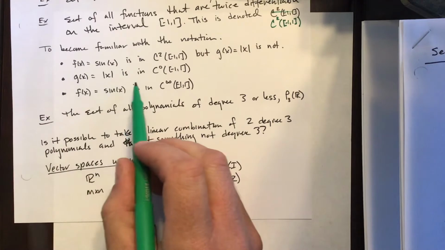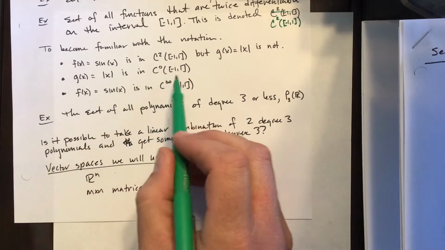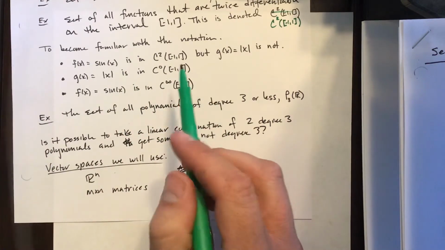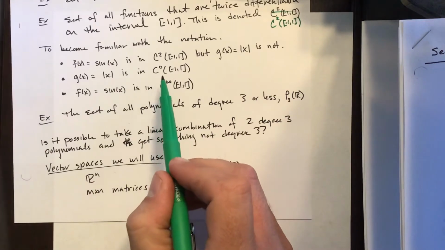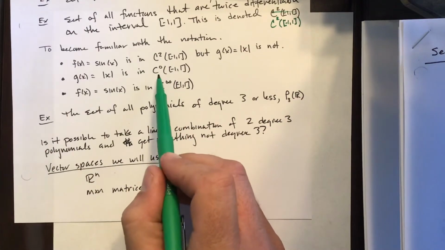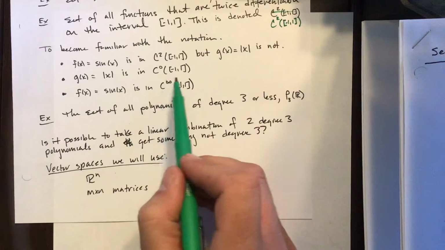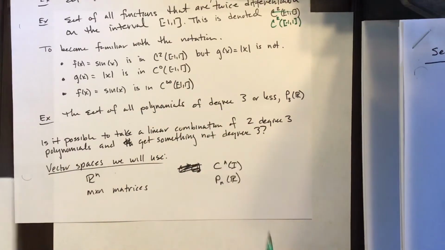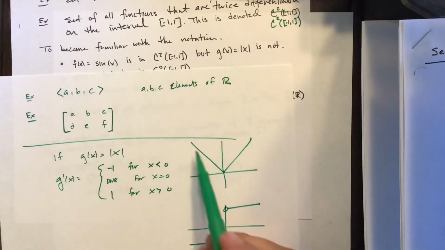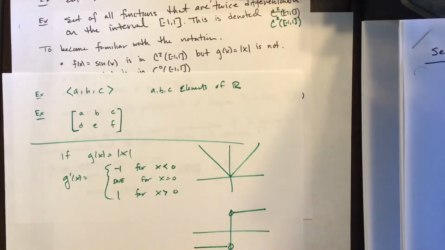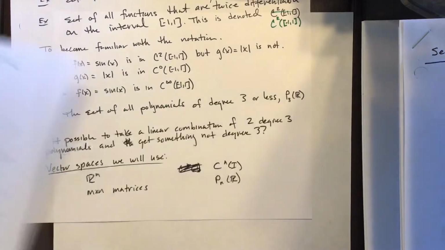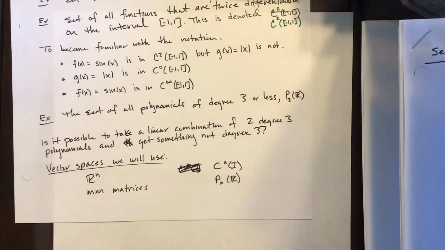g of x is in C0 of -1 to 1. That is the set of continuous functions on the interval from -1 to 1. You can clearly see that before taking any derivatives, g of x, the absolute value function, is a continuous function.